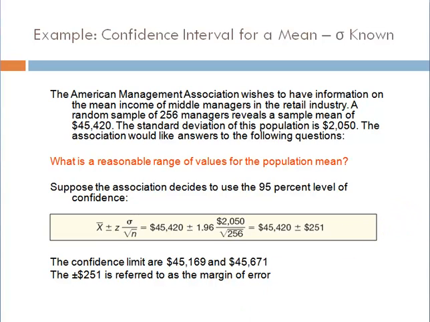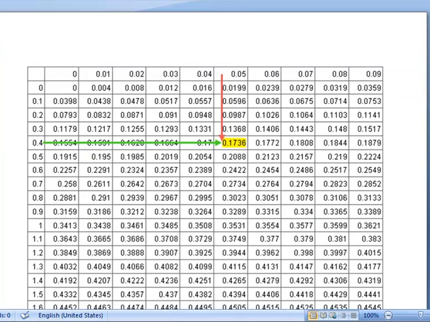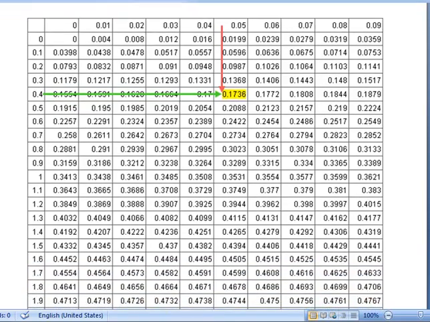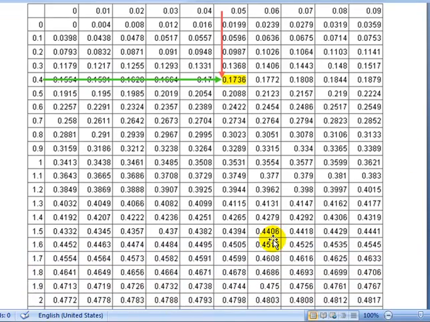So we go to the z table to find out the 0.475. You find the 0.475. That is half of the 95%.